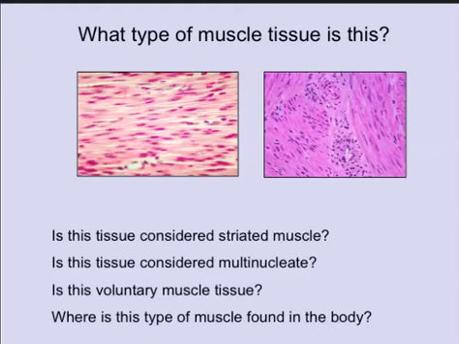Now, this muscle is governed by the autonomic nervous system. It still has contractile proteins, actin and myosin, but they're arranged very differently in smooth muscle than they are in skeletal and cardiac muscle. They're almost arranged in a net-like pattern just underneath the cell membrane of every spindle-shaped smooth muscle cell.